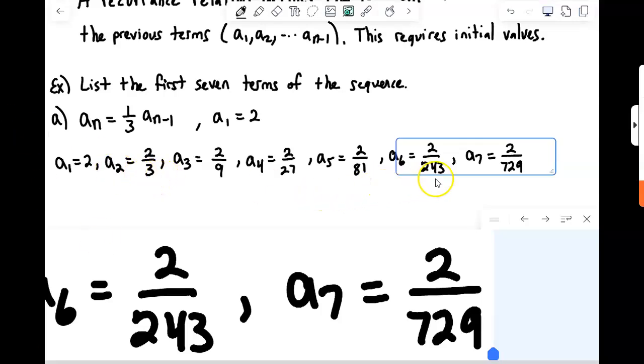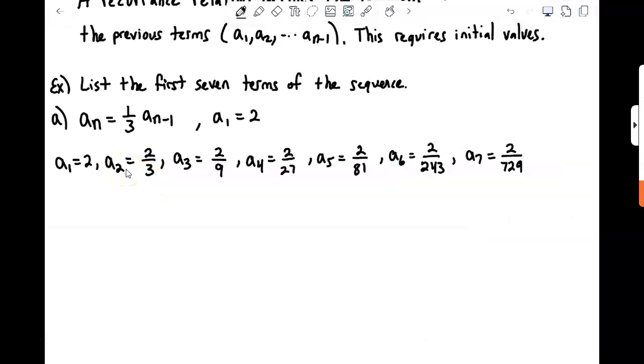So we can look at the terms here. In this example, with this recurrence relation, you might be able to say, hey, I can actually come up with a formula here for this. It's just 2 times (1/3) to the n-1, right?